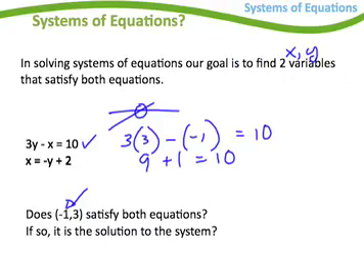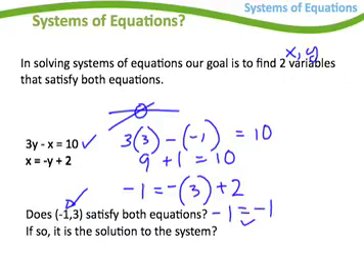Let's try it. x is negative 1, which is equal to negative y, which is a 3 plus 2. So negative 3 plus 2, that's a negative 1. So negative 1 is equal to negative 1. That checks out. So this point is also along this line.